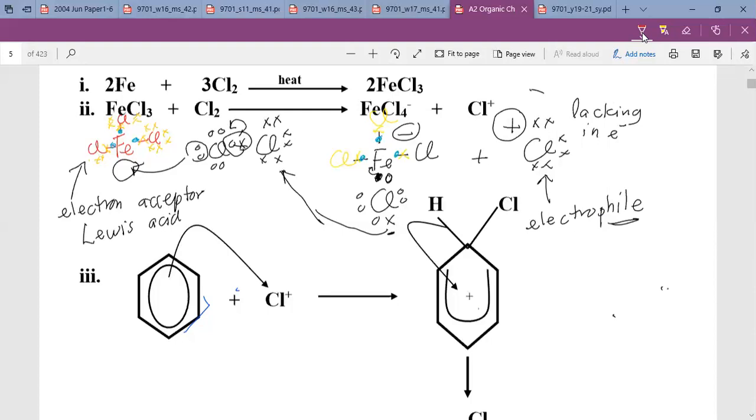Remember, this Cl plus has lost one electron, so it's got crosses for its electrons. Chlorine is supposed to have 7 electrons, group 7, so it's looking for electrons.